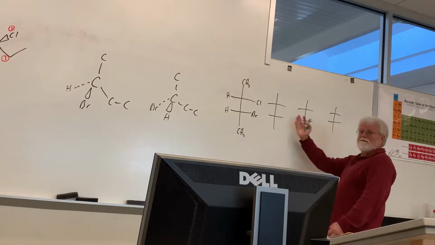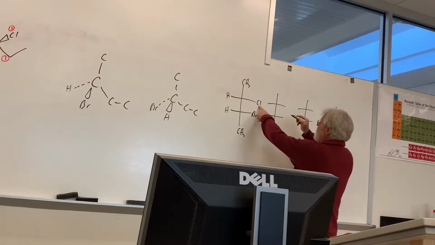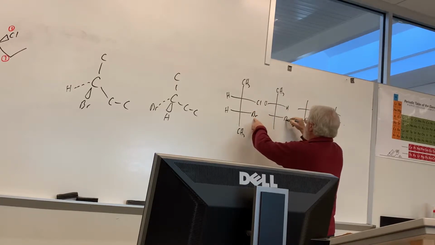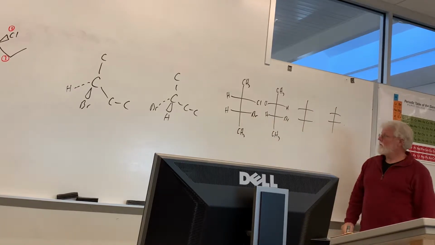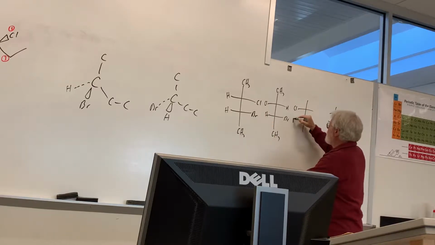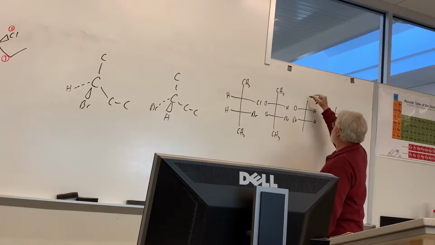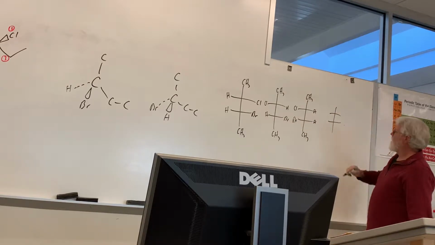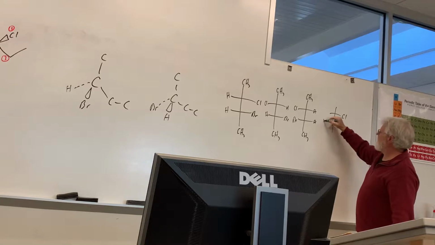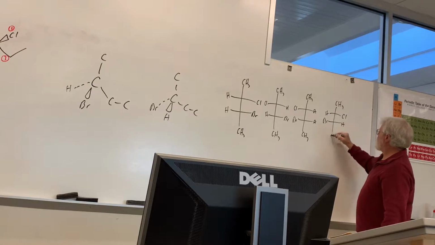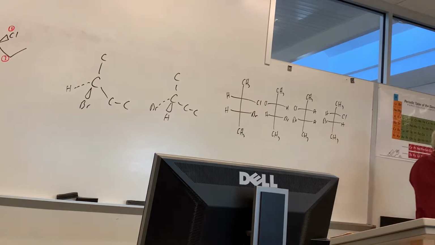Keeping the Fischer projection format, instead of the chlorine on the right, I can move it to the left. Keep everything else the same. That would be different. I could move not only the chlorine to the left, but the bromine to the left. That would be different. Keep everything else the same. And I could have the chlorine on the right here and the bromine on the left. Keep everything else the same. That would be the 4th possibility.